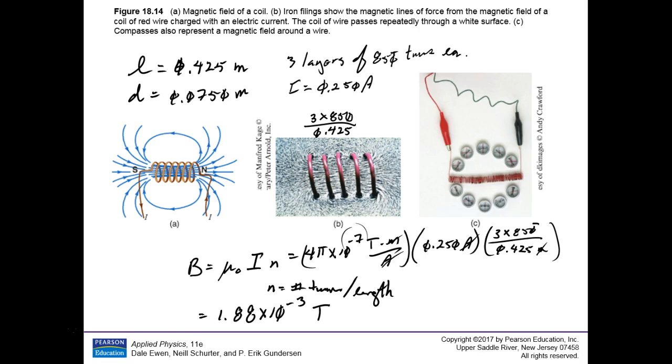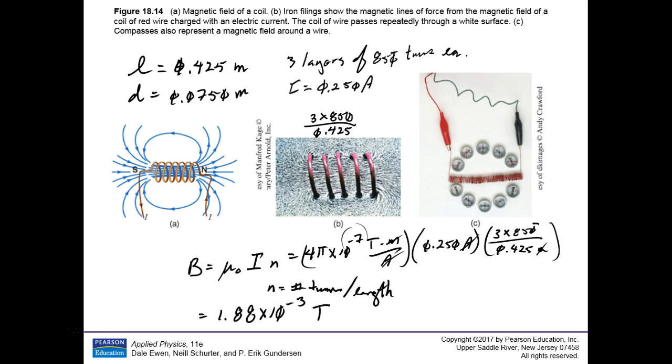4 times 0.25, that's a quarter. 4 times a quarter is going to be 1. You got 6,000. Those 3 zeros will wipe 3 of those zeros out, so that would be 10 to the minus 4. So then we have pi times 6.